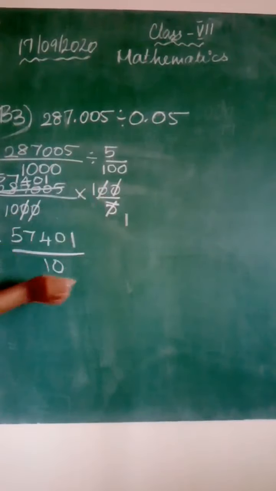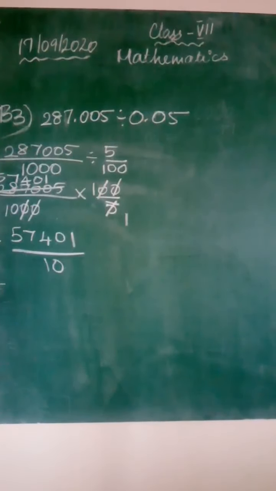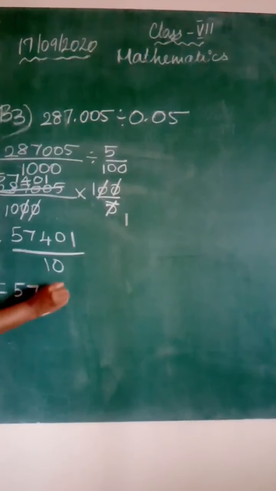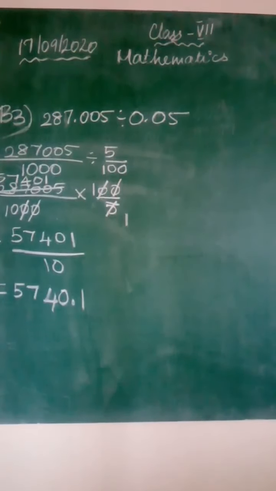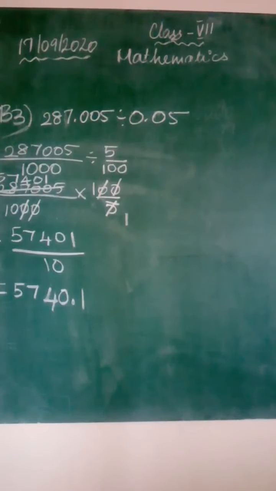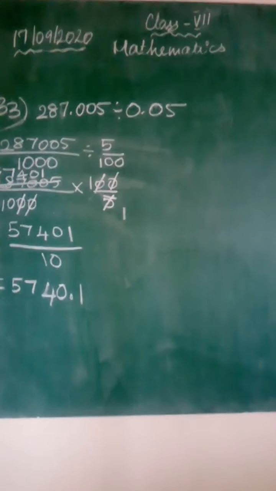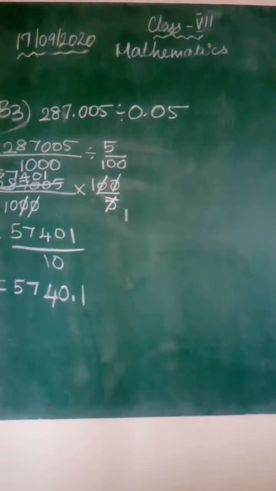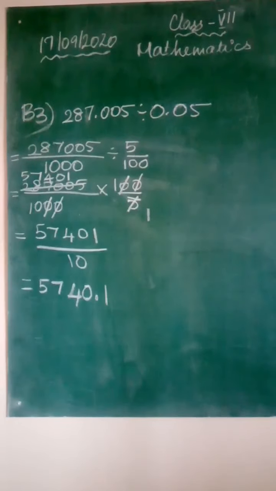No, simply 1 by 1, that we can leave as this. So at last you will arrive at the solution 5740.1. Why are you keeping a point here? Because you are dividing by 10, so you will have the decimal point before the last digit. Is it clear for all of you?